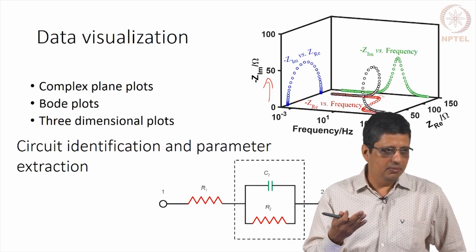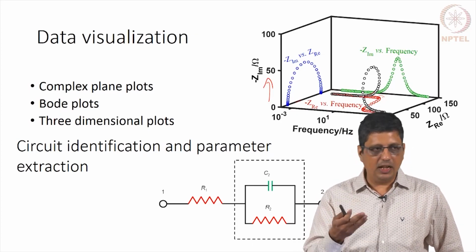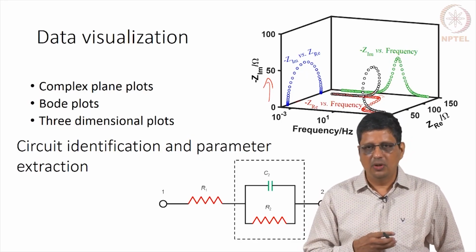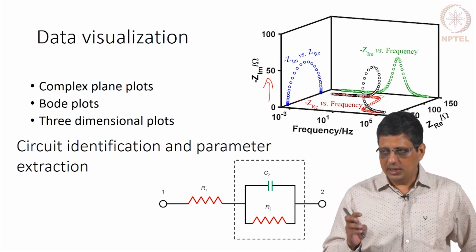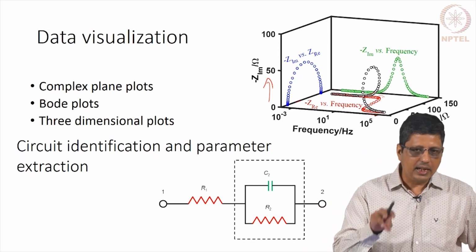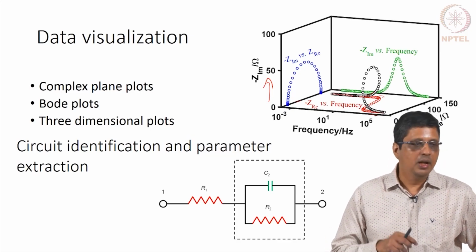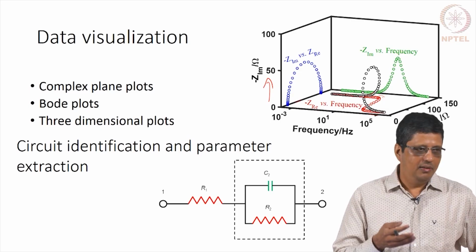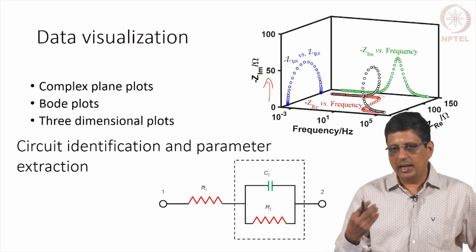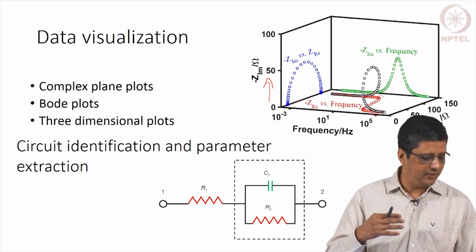If it does not fit, we may try a quadratic equation. If you have a physical understanding, you may try different sets of equation based on what you think is the correct model. So, there are a couple of aspects to this. One is to identify the correct circuit, second is to extract the parameter values from this. Likewise, we want to be able to identify the correct reaction and extract the kinetic parameters from them. That is the second level.